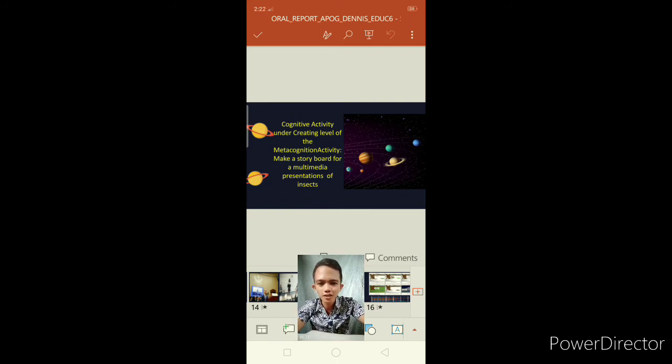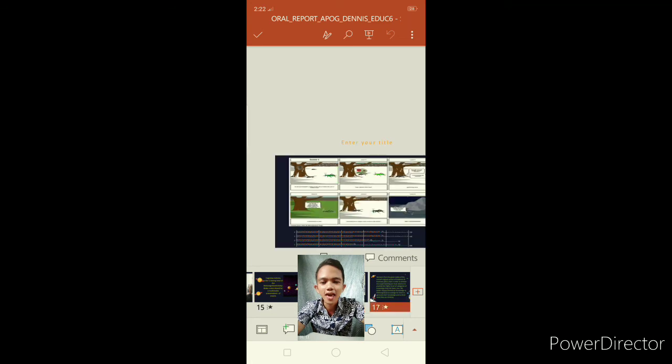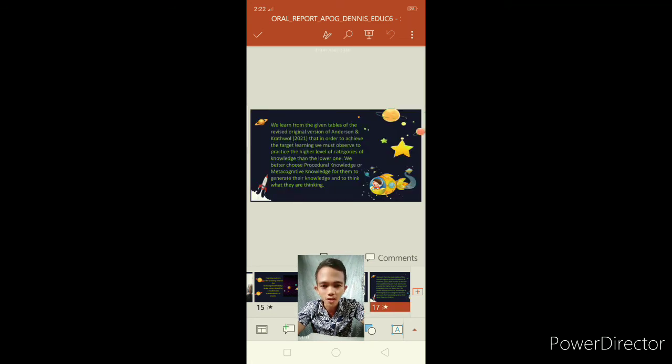The next one is under the creating level, which could involve metacognitive knowledge. The activity could be making a storyboard presentation, a multimedia presentation of insects, or building a habitat for pigeons.